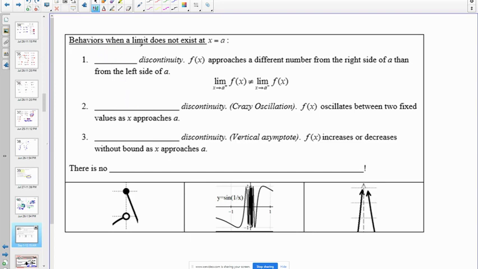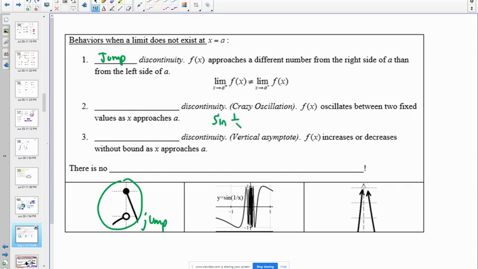Okay, let's look at when the limit of a function doesn't exist. We talked about when they approach a different number from the left and right side. It's called a jump discontinuity, and limits don't exist when you have jumps. Also, when you have a crazy oscillation, we talked about that.